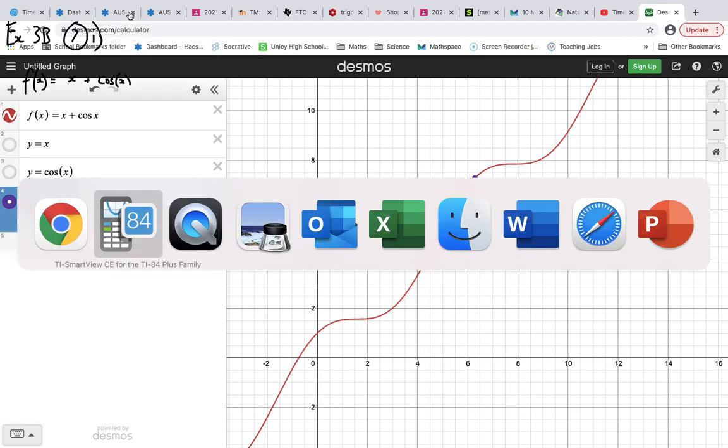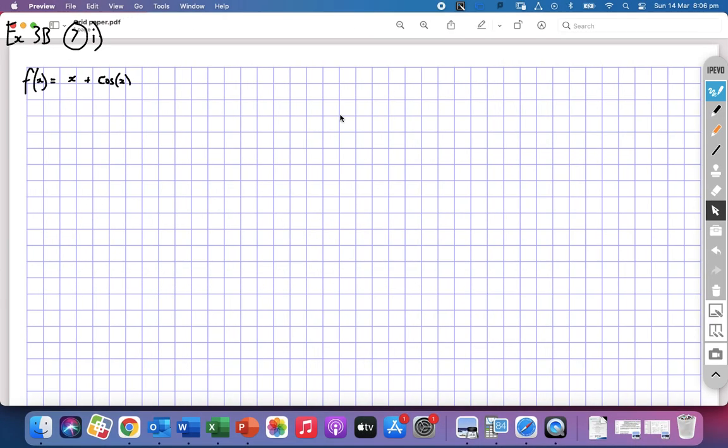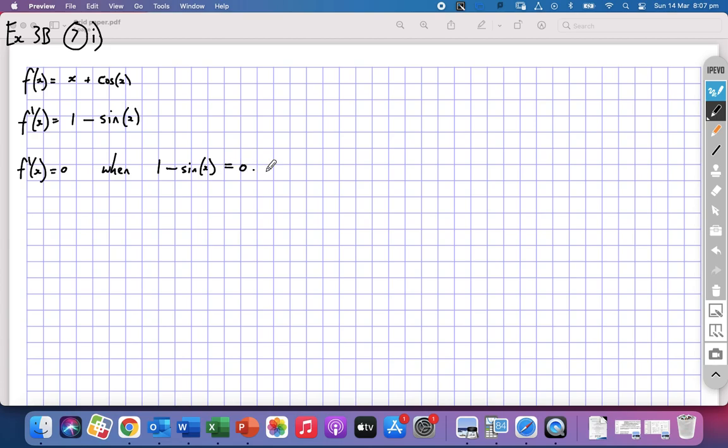Anyway, let's do the derivative and have a look at that as well. The derivative equals 1. Derivative of cos is minus sine. To find any stationary points, we would say derivative equals 0 when 1 minus sine x equals 0.